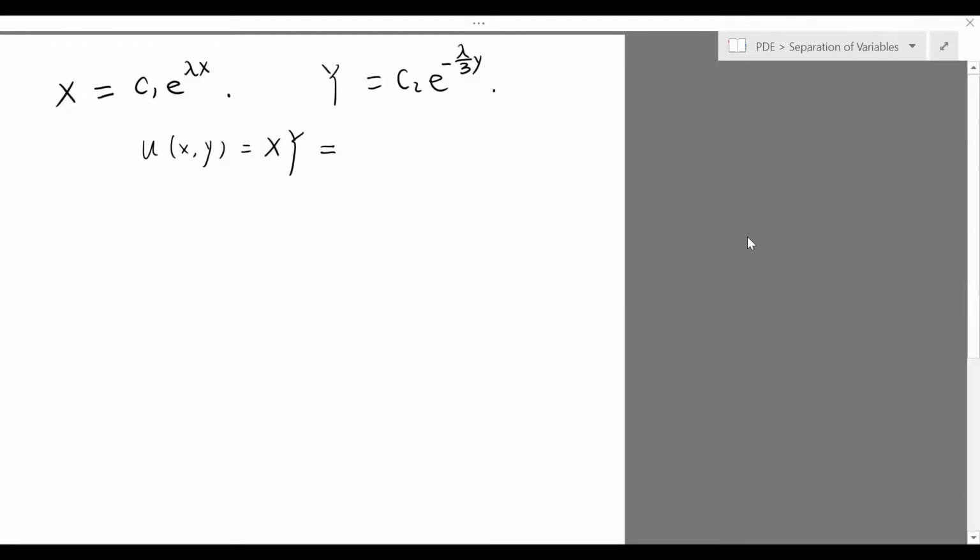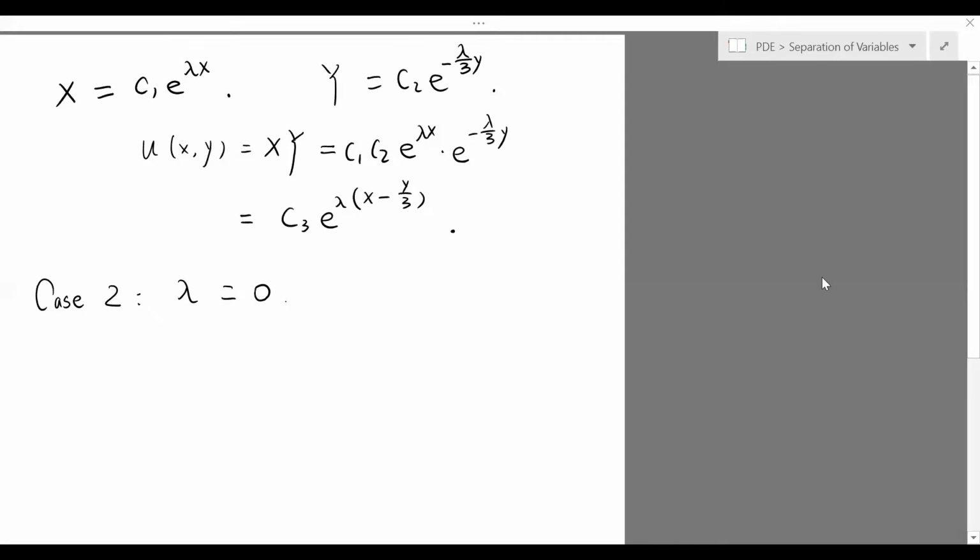Since the solution u is supposed to be just the product between capital X and Y, we conclude that under this assumption that lambda is not equal 0, the outcome should be C1 times C2 times e to the lambda x times e to the negative lambda over 3 times y, or we could simplify the expression by combining those two arbitrary constants into a single one, multiplied by e to the lambda times (x minus y over 3).